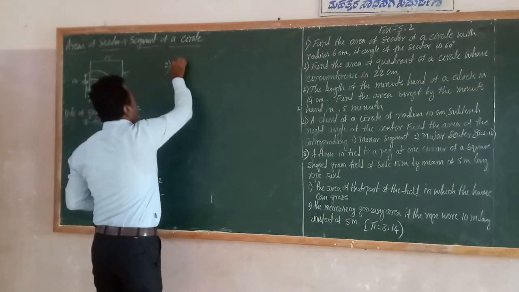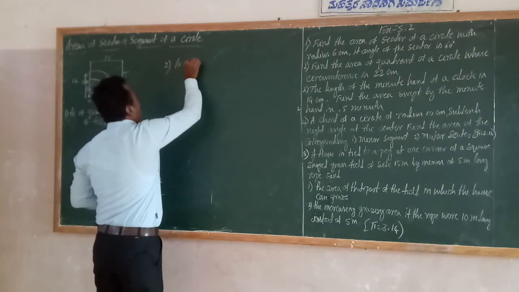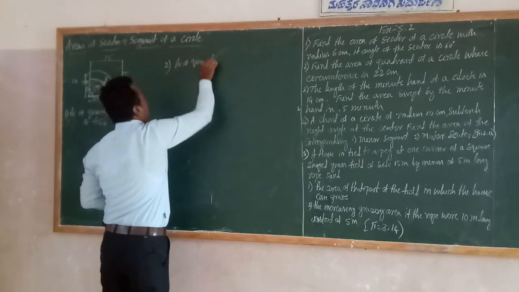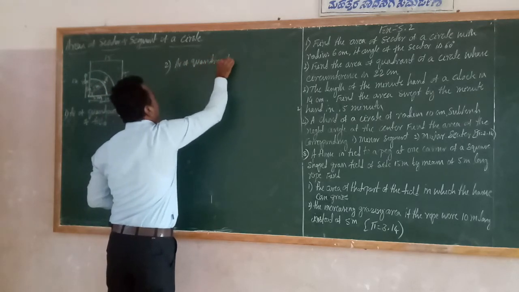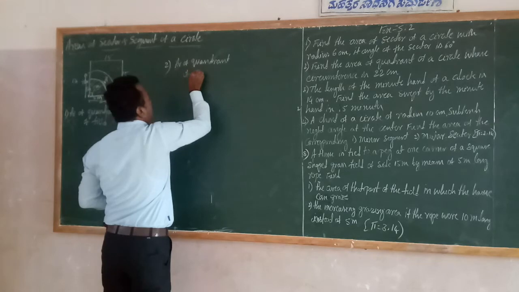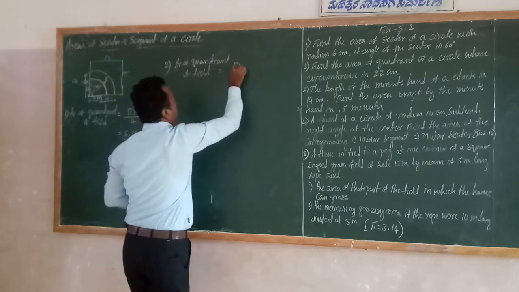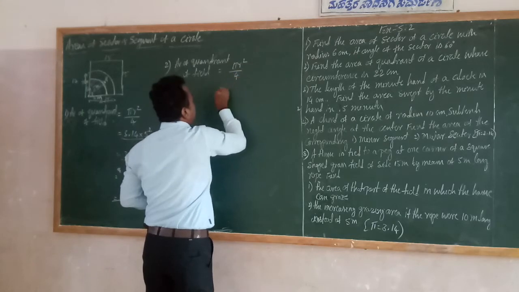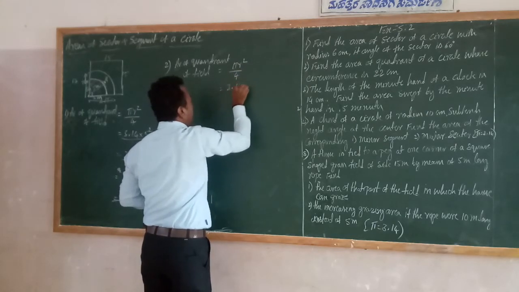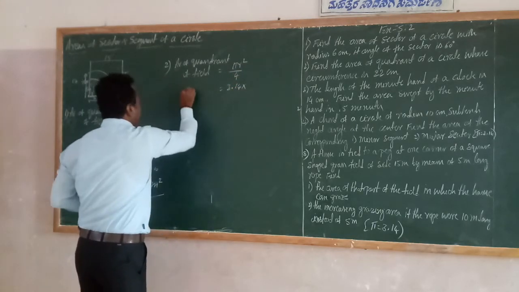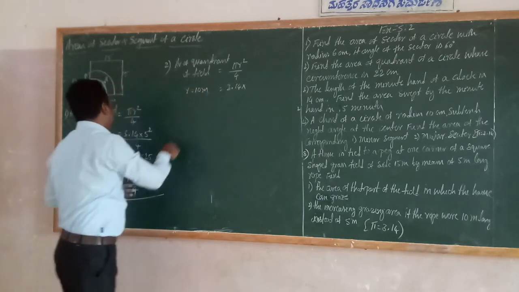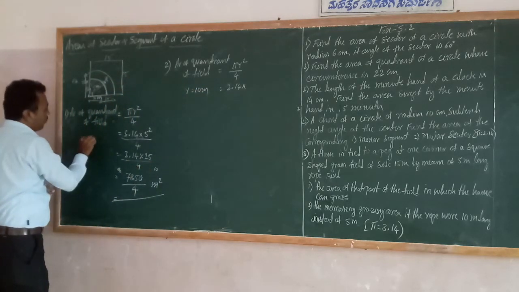So very simple, area of quadrant of a circle, quadrant of a field is equal to the same formula pi r square by 4. So here 3.14, but here radius is 10 meter, earlier radius was 5 meter.